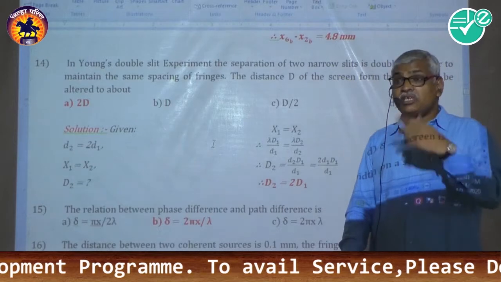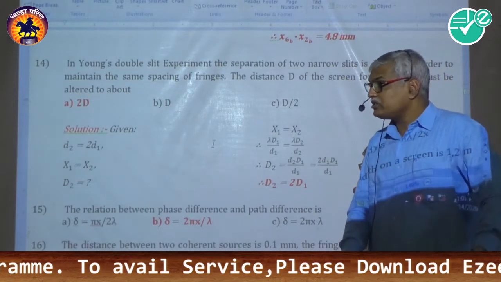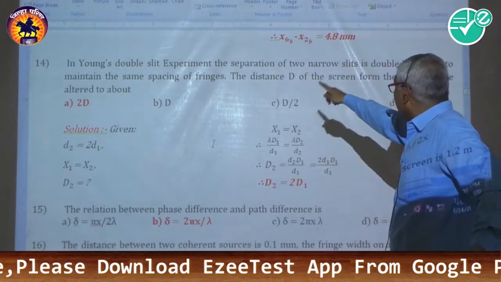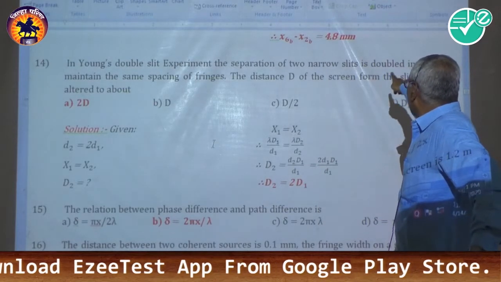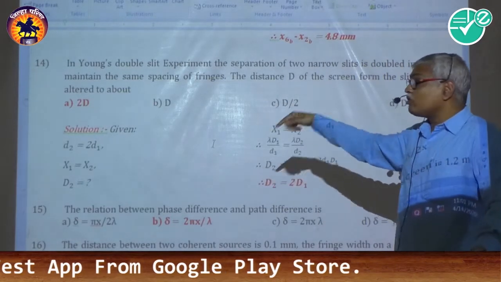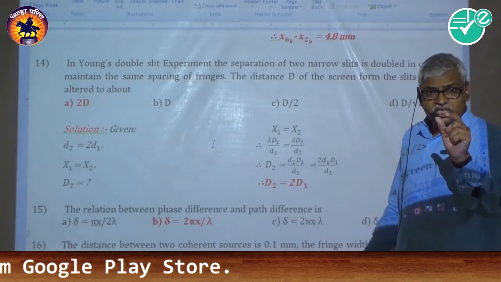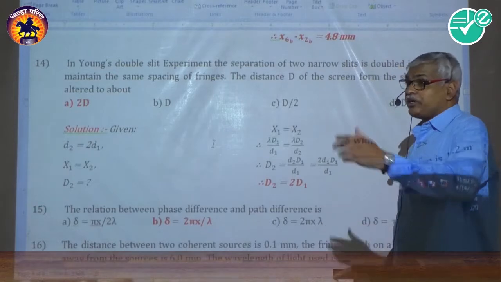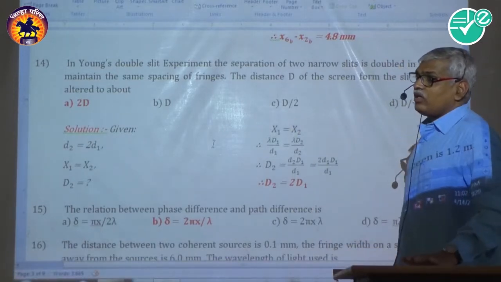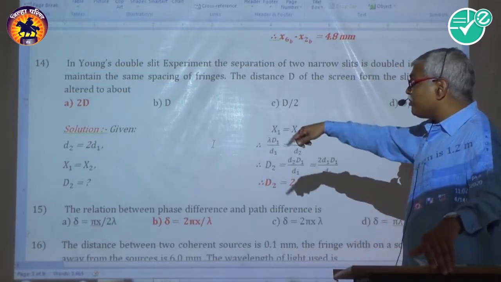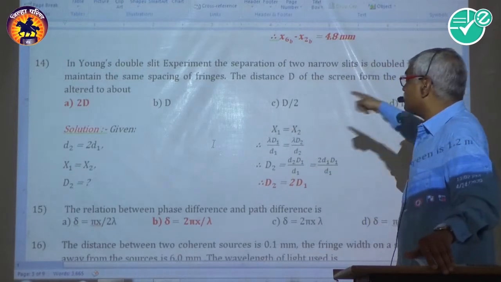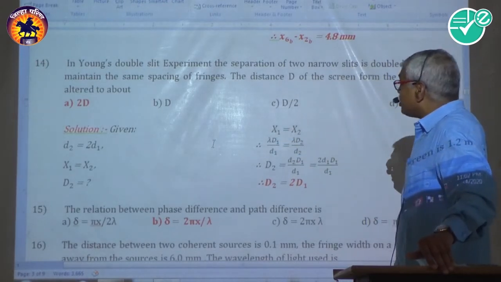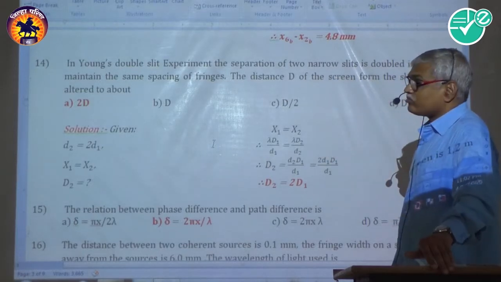If this separation is initially given as d, then the separation after the experiment is made double, that is d2 is equal to twice d. If the distance between the two sources is initially d and for the next experiment it is made twice d, maintaining the fringe spacing, the distance capital D of the screen from the slit must be altered to what?